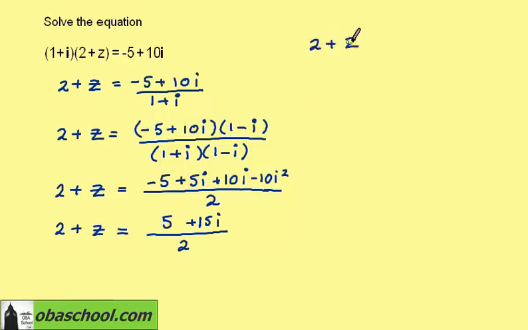So 2 + z is equal to 5/2 + 15i/2. Z therefore is 5/2 take away 2, which is a half, plus 15i/2.